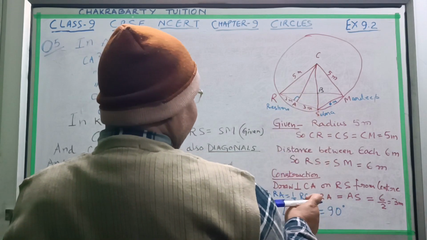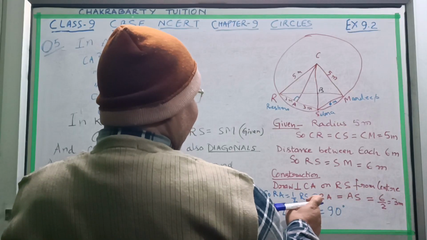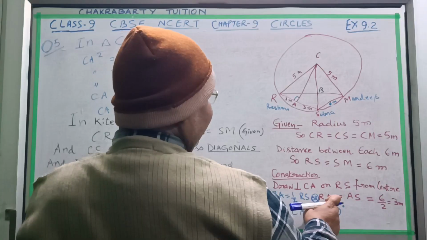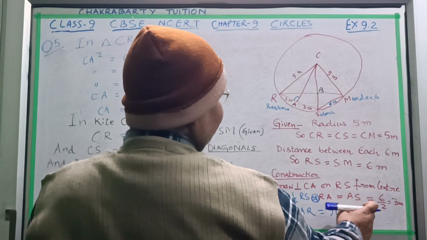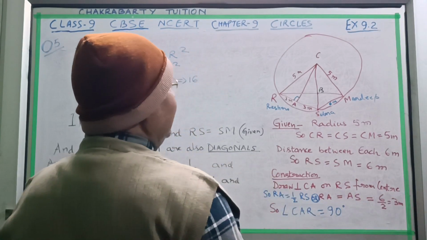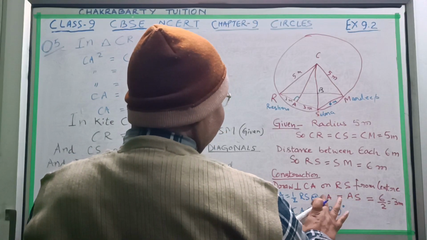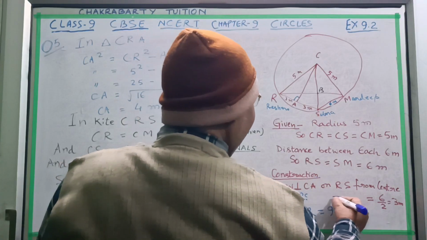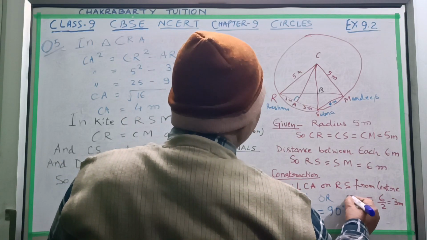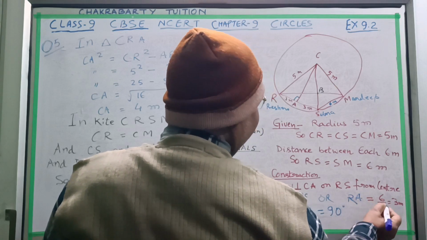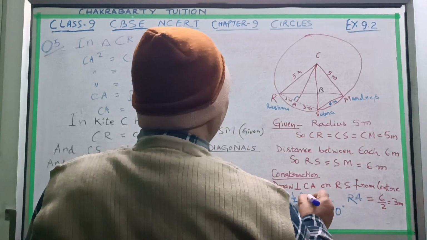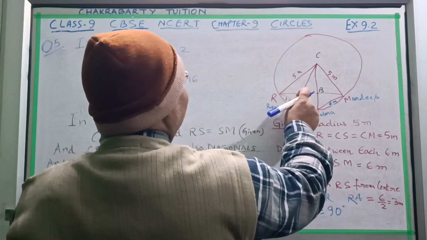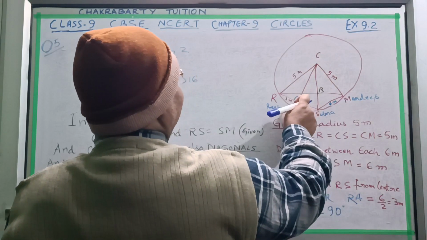So RA will be equal to half of RS, and RS is 6 meters, so RA equals AS equals 6 by 2, which is 3 meters. Angle CAR will be 90 degrees, because a perpendicular makes a 90 degree angle at the chord.